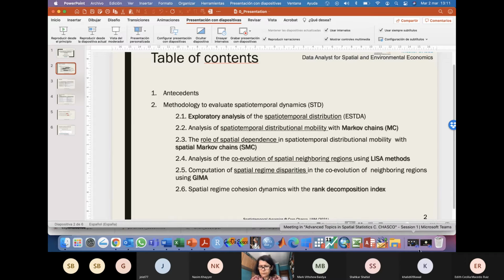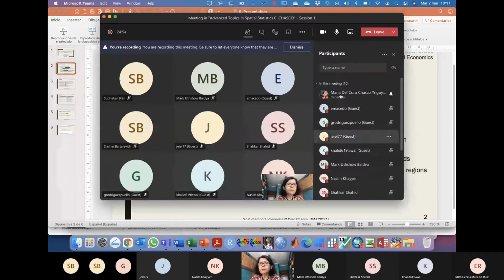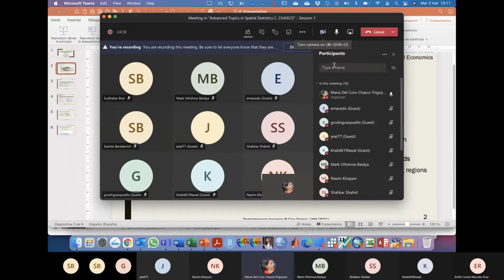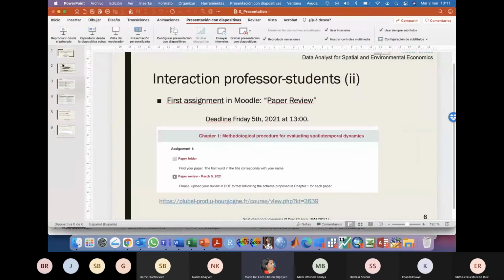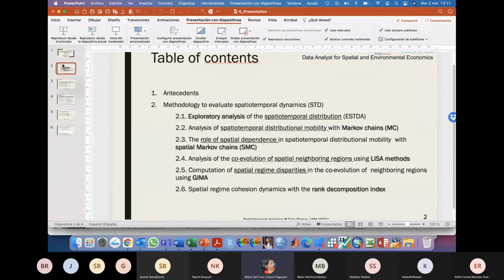Sorry, I'm going to turn off the camera because it consumes a lot of space in my computer, and yes, I think it is better. So in this first session, it's just an introduction. We will revise some antecedents that are present in the literature about this kind of spatio-temporal distributional analysis.